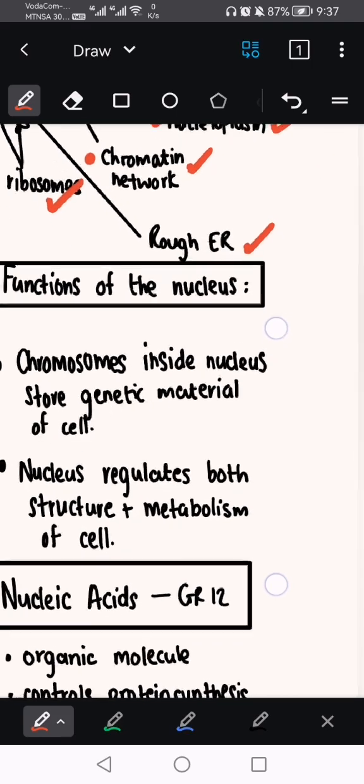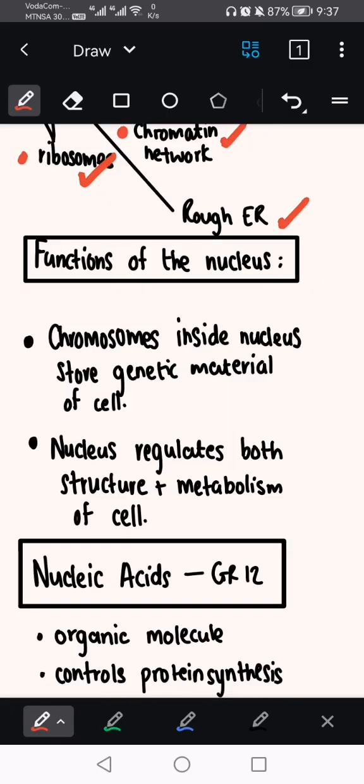Furthermore, now we're going to look at the functions of the nucleus. Now, the function of the nucleus: chromosomes inside the nucleus store genetic material of the cell. Why did I say this? We know that a chromosome looks something like that.